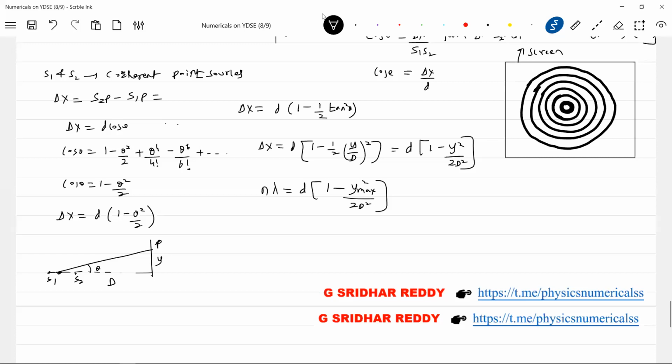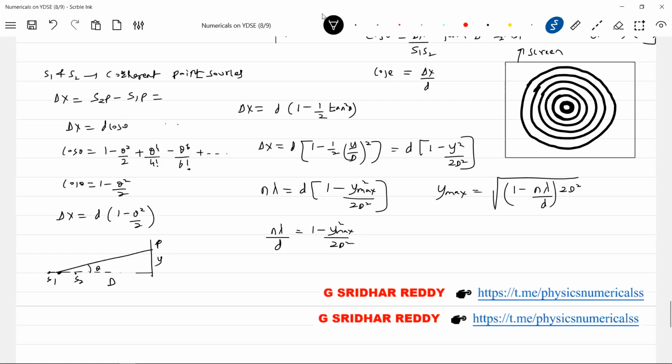So this further simplifies to n lambda capital D. y max is equal to 1 minus n by lambda small d, capital D. If you want, we can take it outside.